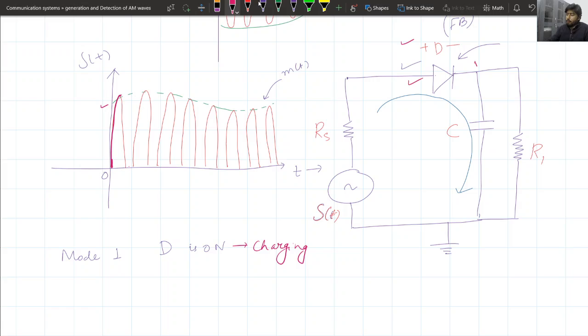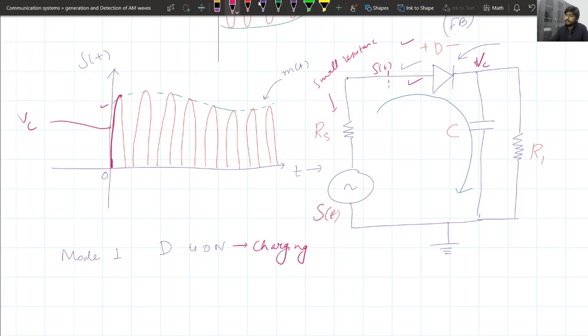Now what will happen? This has become open circuit because the capacitor has charged. Let's say this node is VC. Rs is a small resistance, so we can write here s(t).